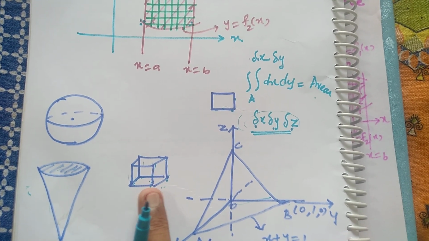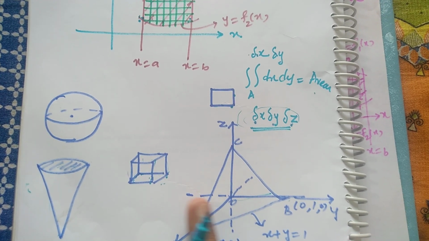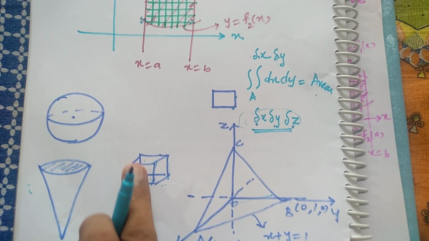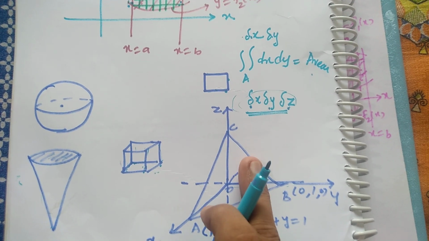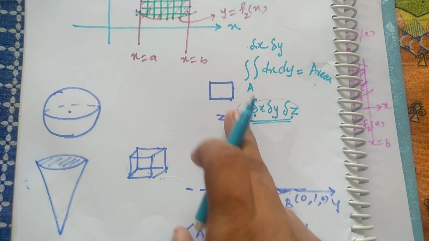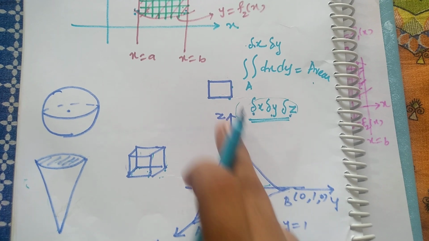So how to break the volume? For that, instead of lines you have to draw planes parallel to the coordinate planes: the xy plane, the xz plane and the yz plane.